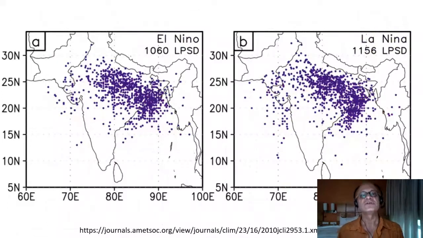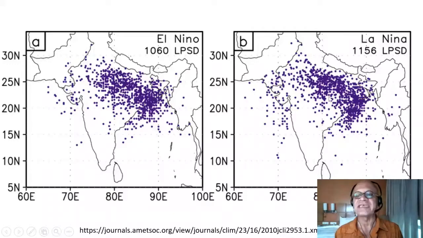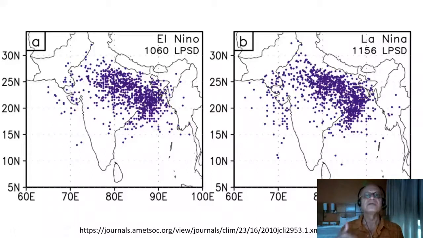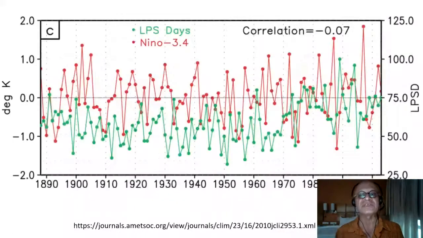them as well. So looking then at El Nino, you have 1060 LPS days, low pressure system days, whereas La Nina is only slightly higher with 1156 low pressure system days, which means that there are other processes like the Walker cell, the local Hadley cell, changes in the southwesterly jet, and so on, that contribute to the monsoon variability on El Nino and La Nina timescales.